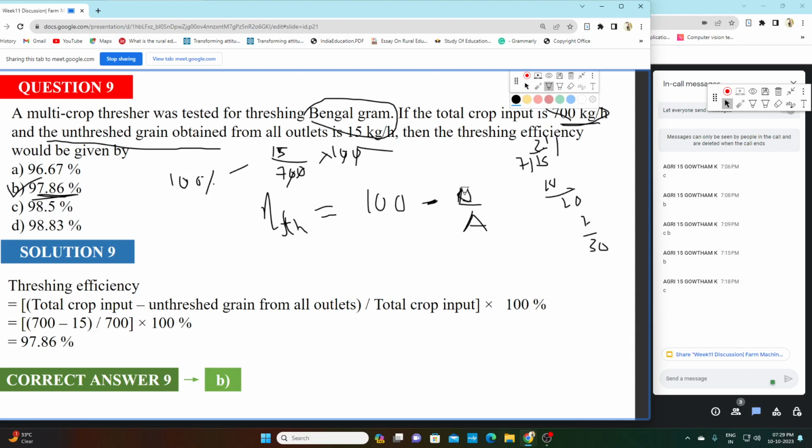So 100 minus 15 by 700 into 100 percent. You will get 2.14 percent. So 100% minus 2.14% is 97.86%. So option B is your correct answer.